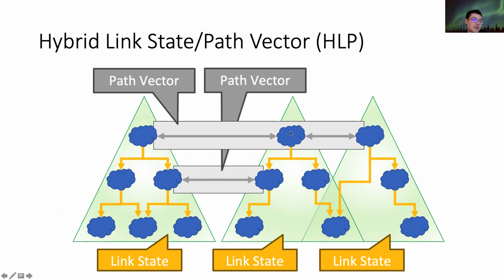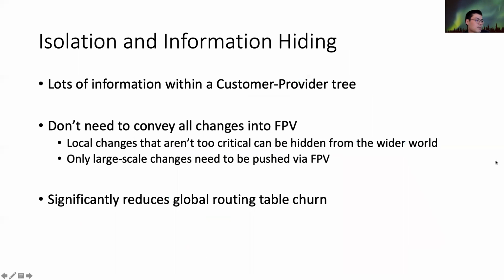This is reasonable, because as long as your service provider has a contract, an agreement, then they peer. But a lot of the customers, especially the end users, don't peer with each other. Because of this, most of the information is within the customer-provider tree. So you expose a very small amount of information that needs to run BGP from outside.